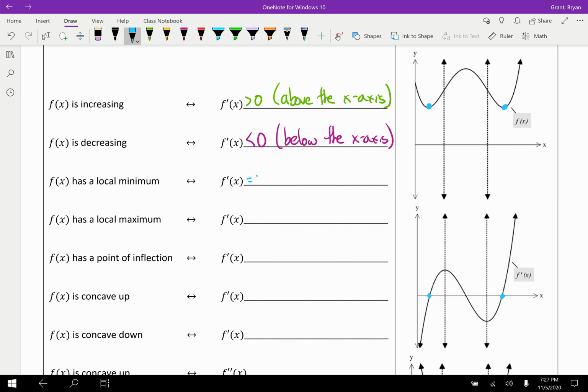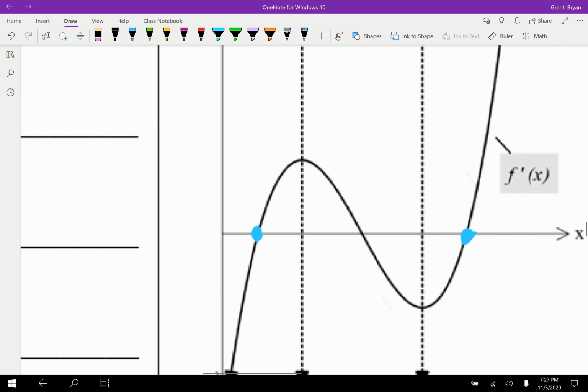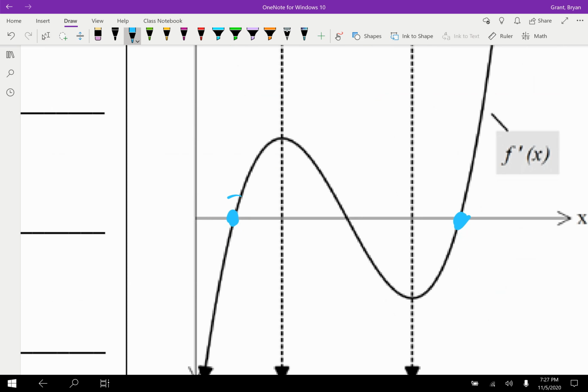We know that f prime equals 0, which is, of course, an x-intercept. However, we need to go further because this point right here is also an x-intercept, and we did not note that on f prime. So how could we, just by looking at this graph, realize that these two are local mins, but this one is not?